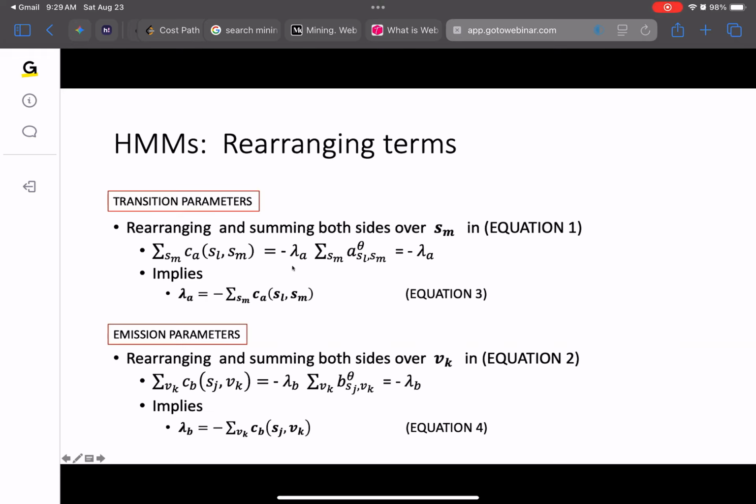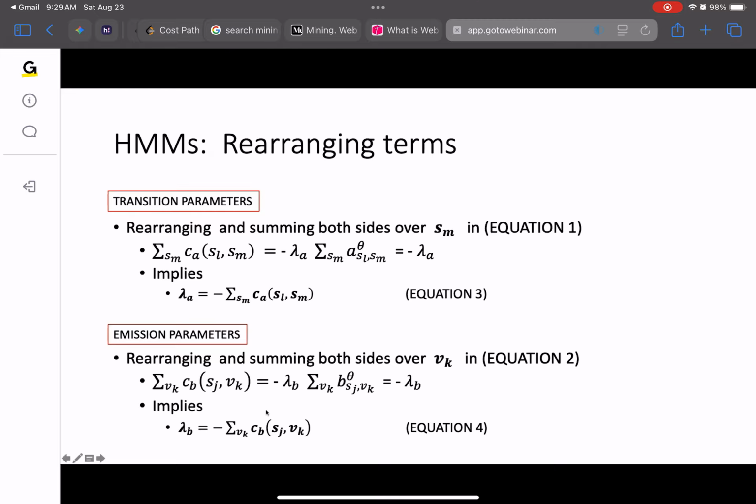Rearranging the terms by moving the lambda to the RHS and summing over all possible states, we know this term is 1, which implies that lambda equals the summation over s_m of the counts in this equation. Similarly, rearranging the terms and solving for lambda_B results in this expression.